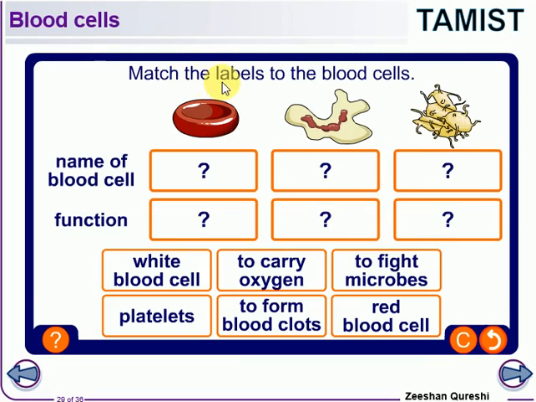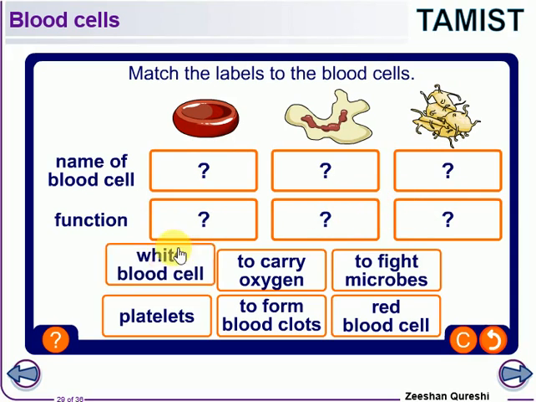Now match the labels to the blood cells. What is the name of the blood cells? It is RBCs, I guess. WBCs and the platelets. What is the function of the RBCs? To carry oxygen. The function of WBCs is to fight microorganisms, and platelets to form blood clots.